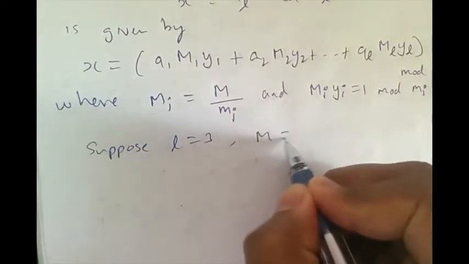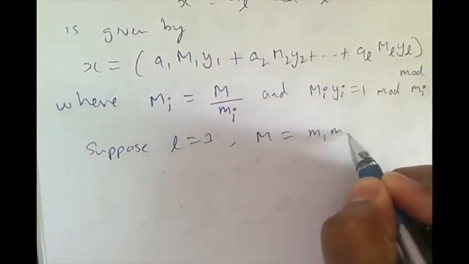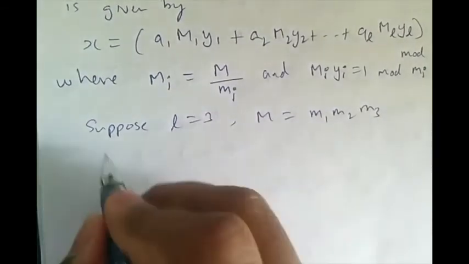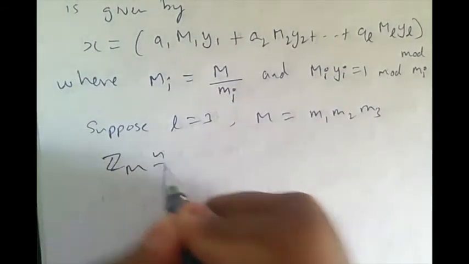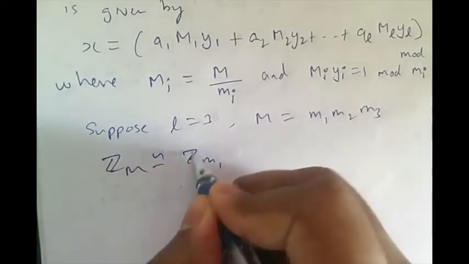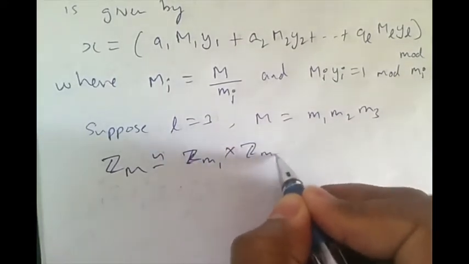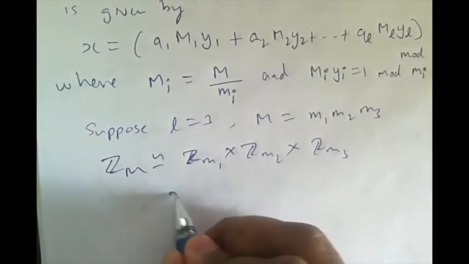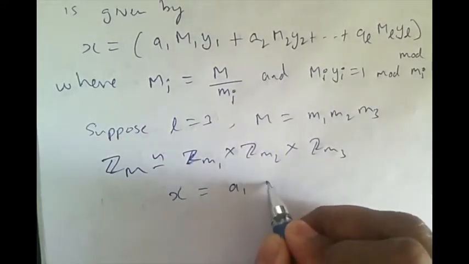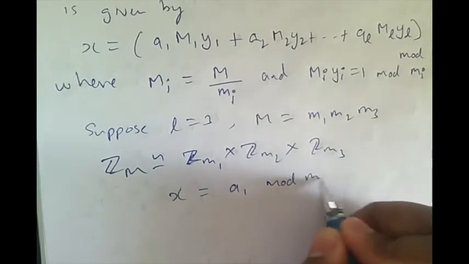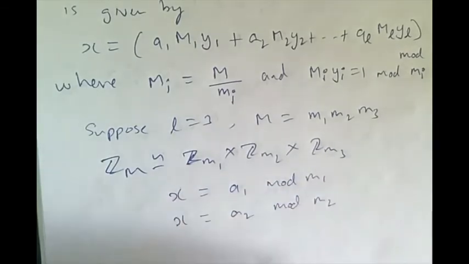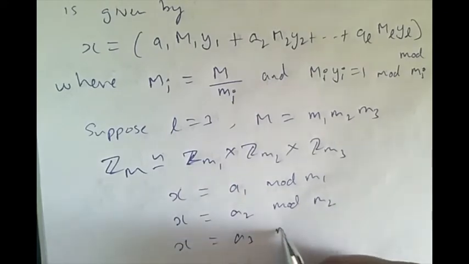Then capital M is m1 m2 m3. And according to the hypothesis, we have Z_M is congruent to Z_m1 cross Z_m2 cross Z_m3. Now we want x such that x is congruent to a1 mod m1, x is congruent to a2 mod m2, x is congruent to a3 mod m3.